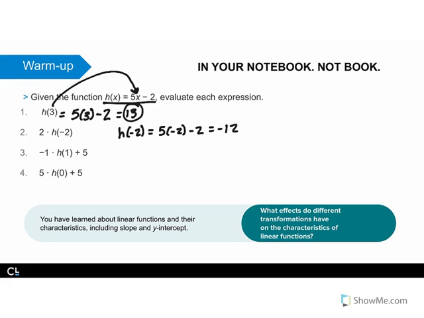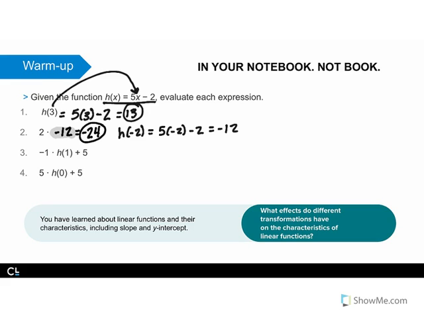Now this is where you put that in. We take away the h of negative 2 and write negative 12, which is negative 2 times negative 12, or positive 24... that is, negative 2 times negative, or positive 2 times negative 12, is negative 24. That's your final answer.